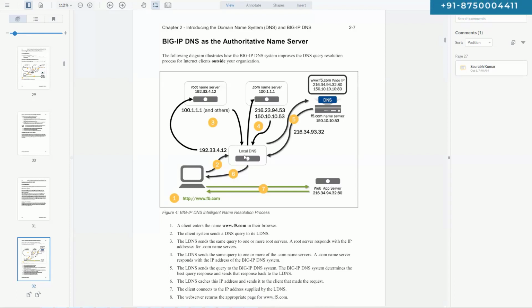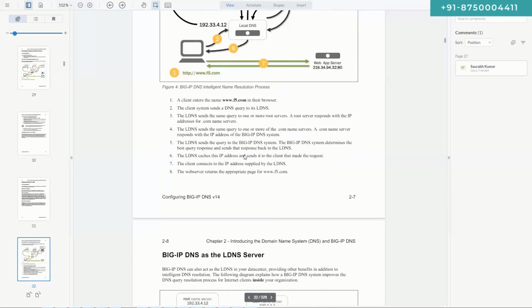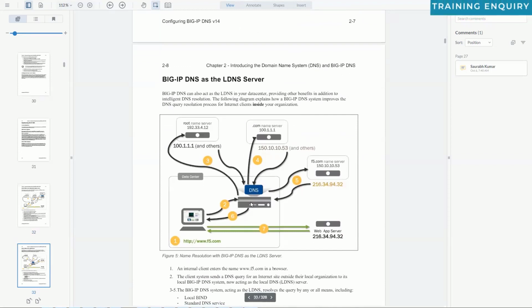It's up to the requirements how we want to use our BIG-IP DNS. You can place your BIG-IP DNS as an LDNS server, and it can also be used as an authoritative name server. In most production environments, you would see that BIG-IP DNS is used as both.